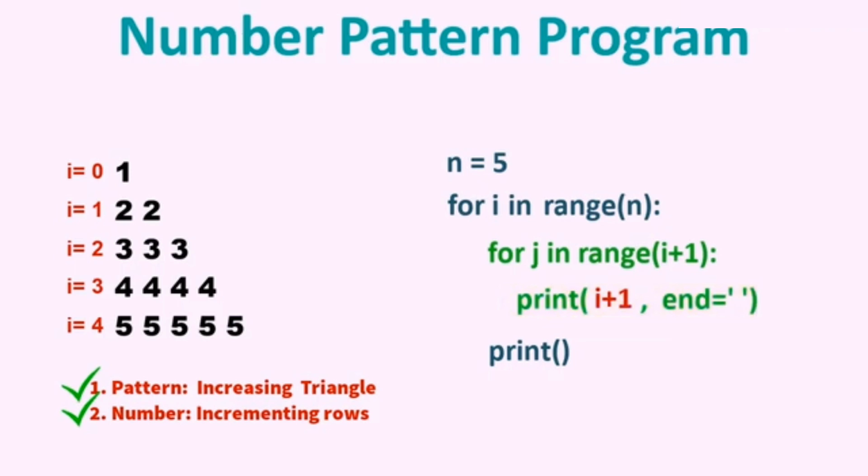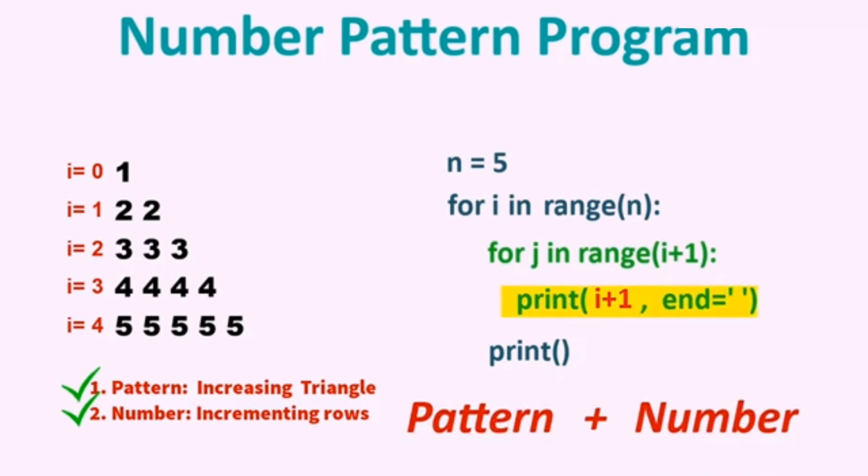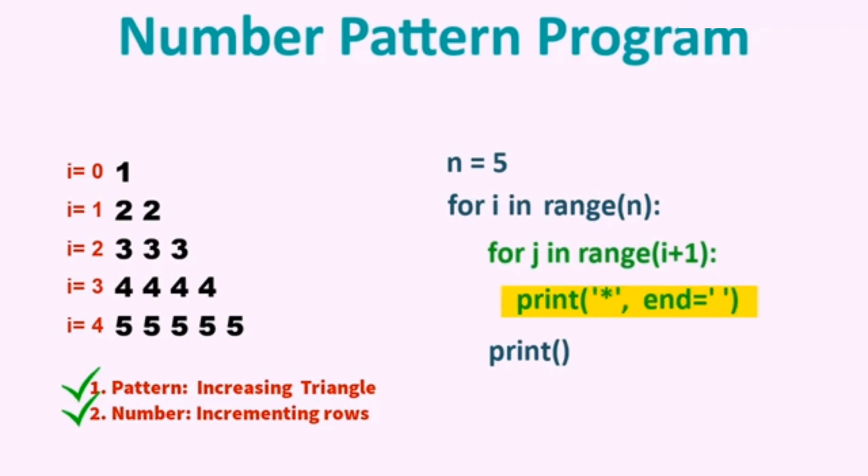However, if you are new to patterns, I would suggest not to mix indexes used for patterns with actual number printing. So we will not touch the range function for i and j values which are creating our pattern. We will use another variable p. We will initialize p to the first row number of our pattern, which is 1, outside the outer loop.